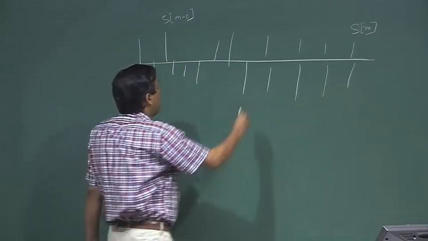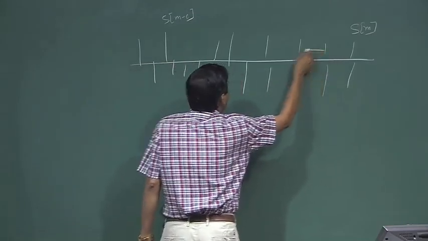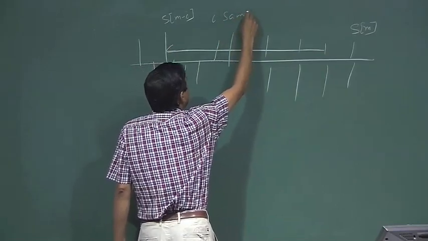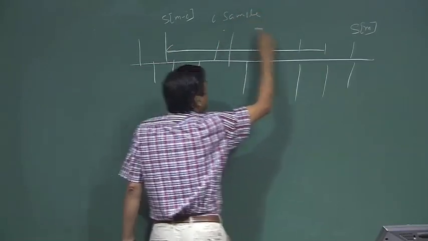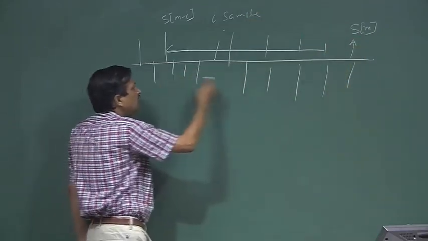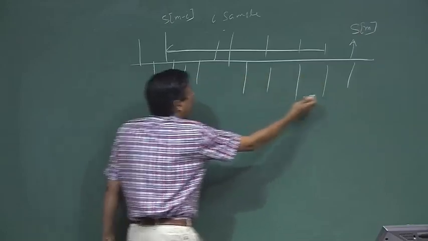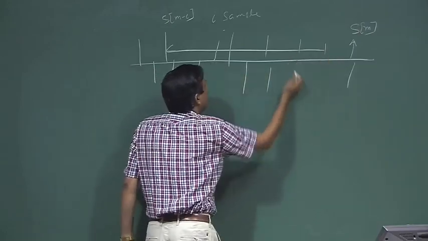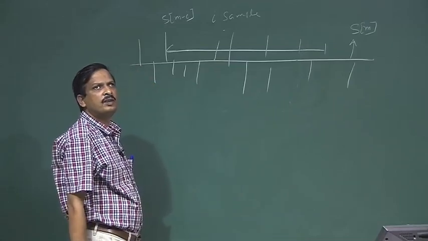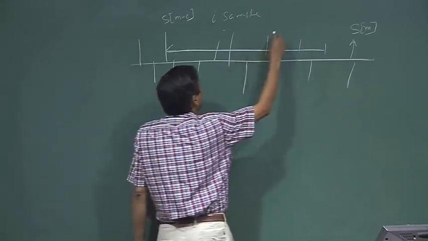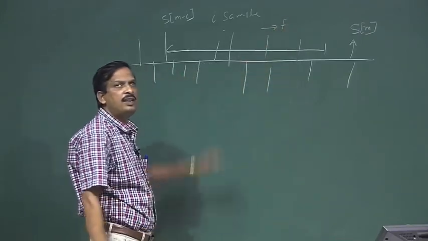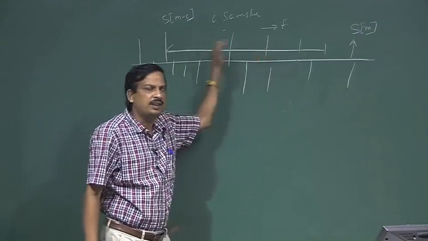Using these previous i samples, I want to predict this Sm sample. If I do that, it is called forward prediction.